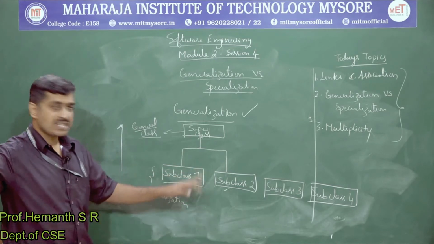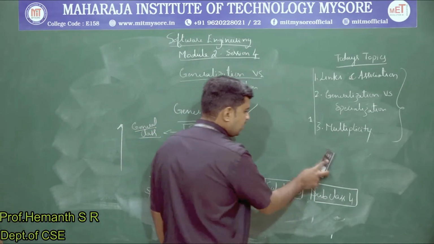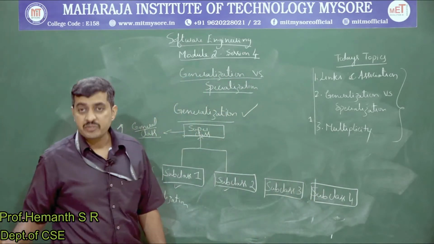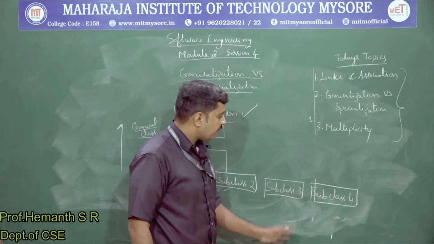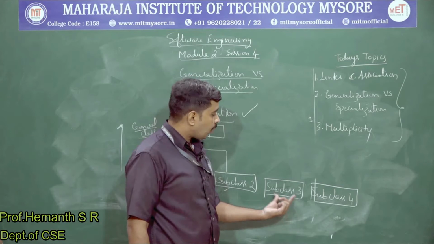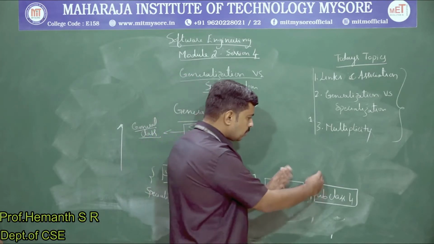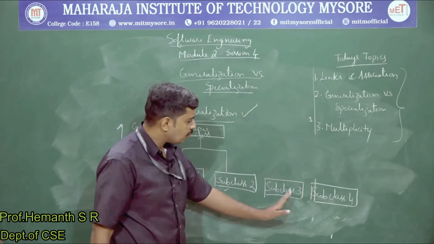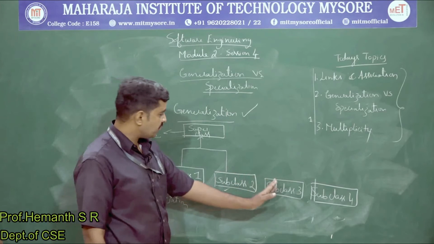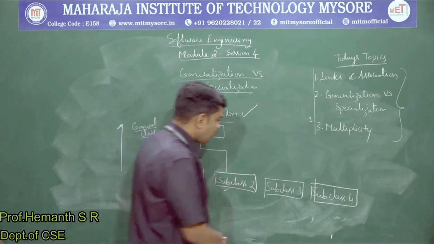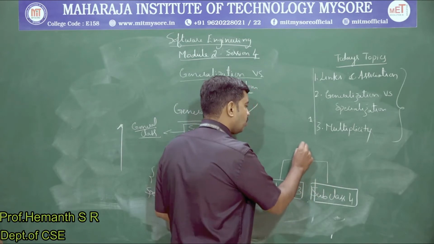Now continuing with this example, you can see 2 more subclasses here, subclass 3 and subclass 4. We will assume subclass 3 and subclass 4 have a few properties, attributes and functions which are common to each other. They are closely related. In that case, we can apply the same philosophy that was just discussed.